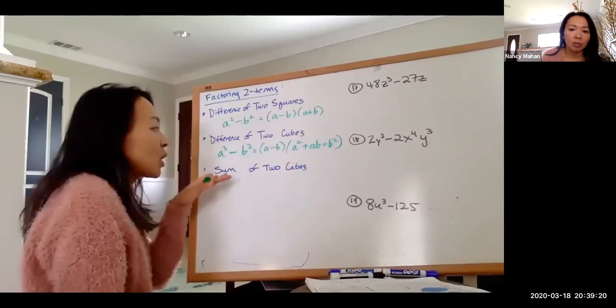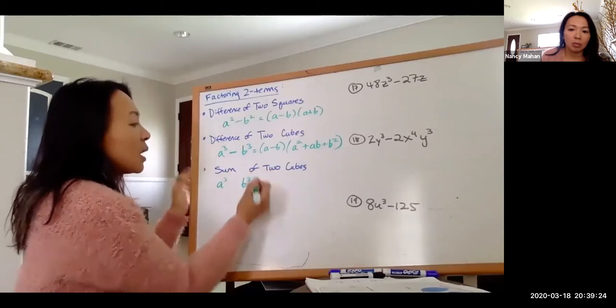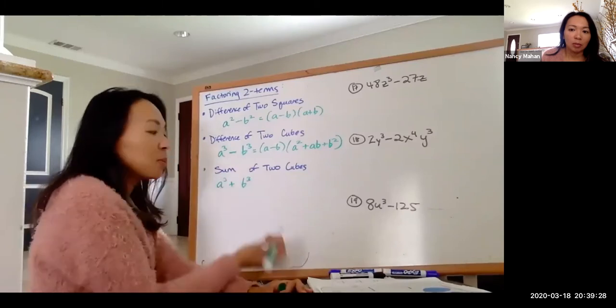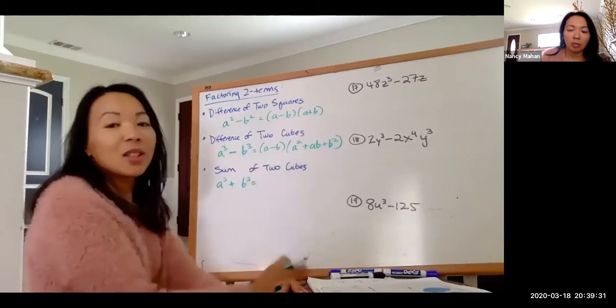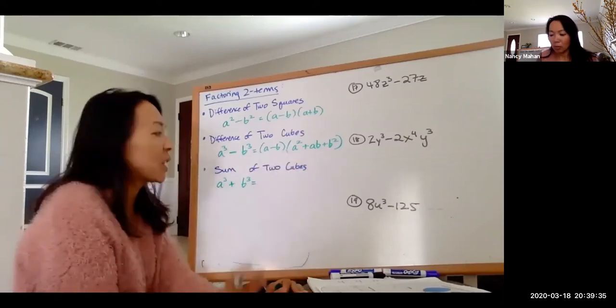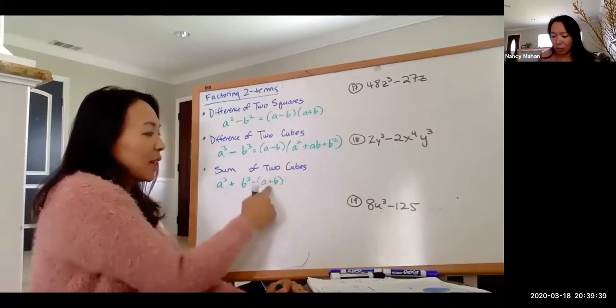Now the sum of two cubes: a cubed plus b cubed, and the sum means addition. The nice thing is the formula looks just like the one on top, with a few minor changes. Instead of a minus b, you're going to do a plus b, which is nice because this was a sum.